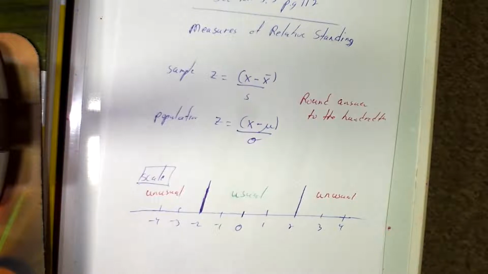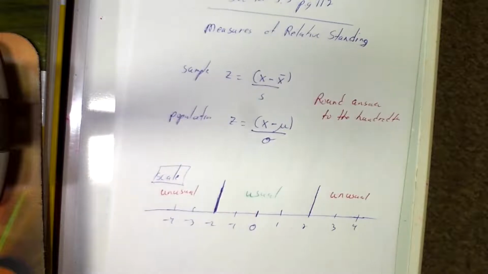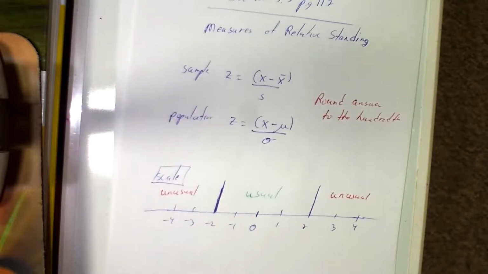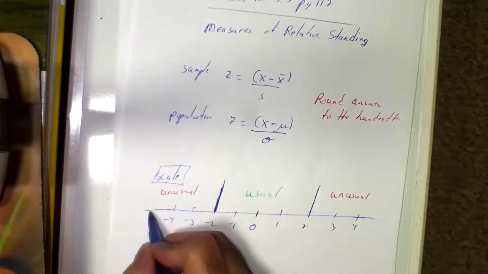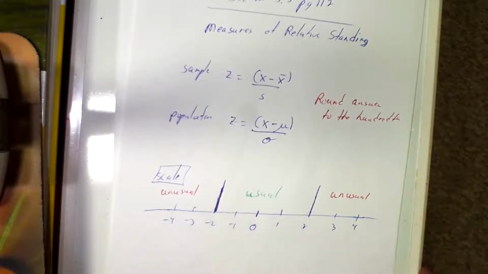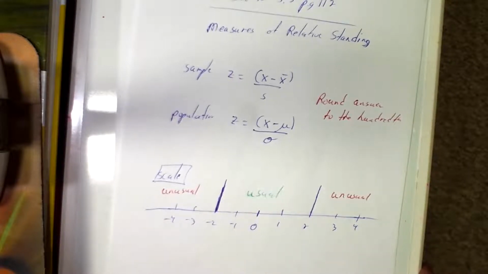So let's think of some examples. If we were measuring heights like we talked about, do you recall a basketball player by the name of Yao Ming? Yao Ming used to play for the Houston Rockets. He was tall. Where would he be in terms of heights on our scale?